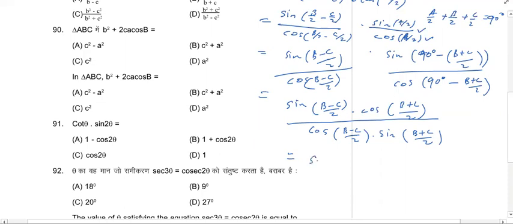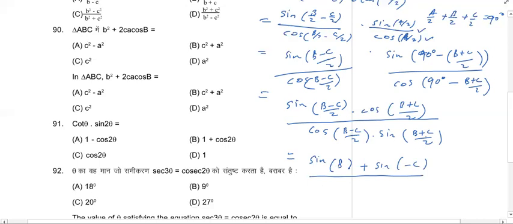So you can see B minus C plus C cancel out. So we got sine B plus sine. Now if we subtract this, we got B over 2 minus C over 2 minus B over 2 minus C over 2, minus 2C over 2, which is minus C, divided by, same story here guys.